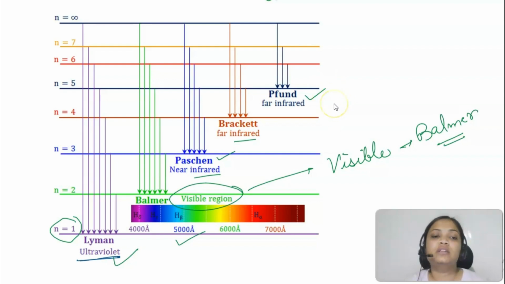Okay, so this is the line spectrum of hydrogen, where we have Lyman, Balmer, Paschen, Brackett, and Pfund. These are named after their discoverers, corresponding to the value n equal to 1, 2, 3, 4, and 5, and so on. Okay, and you have to remember the formula in this case, and the one lying in the visible region is the Balmer series. Okay, so that's the thing, students.